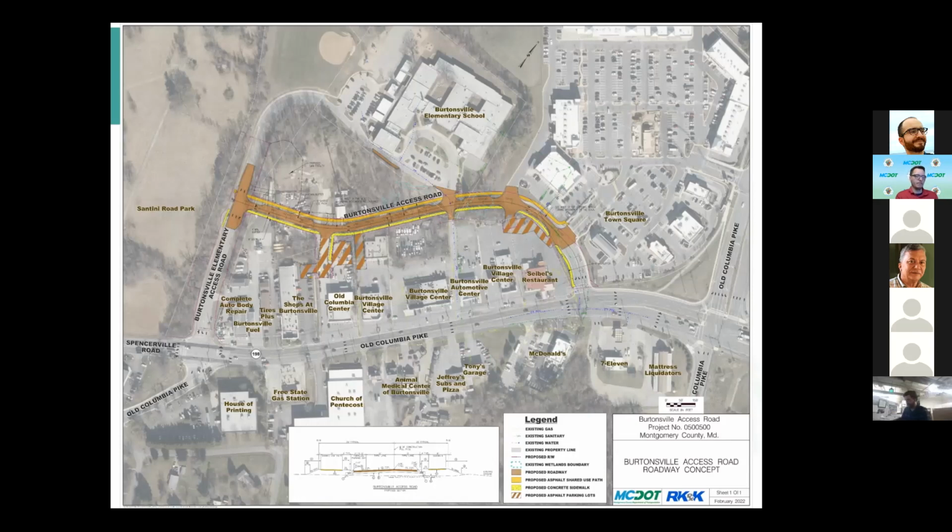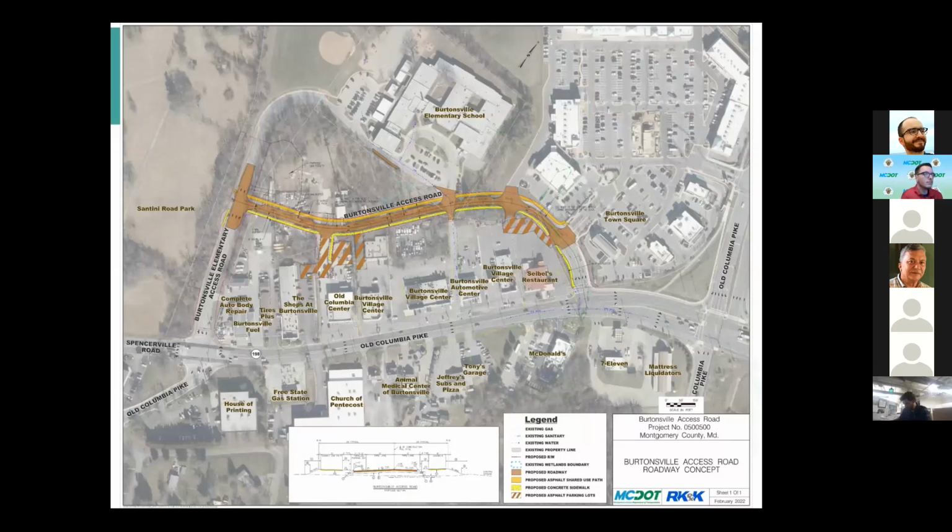Hi. Thank you. My name's Sebastian Smoot. I live in Burtonsville and worked very closely with the community a few years ago on the Fix 198 Now campaign, where we did a lot of community workshops to talk about this area. Even though we were focused on 198, we were talking a lot about the access road.